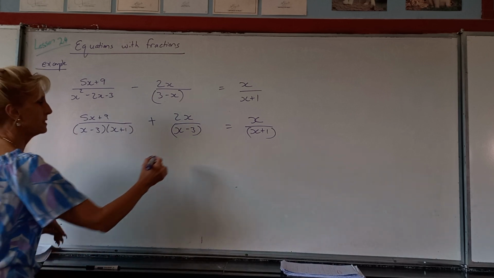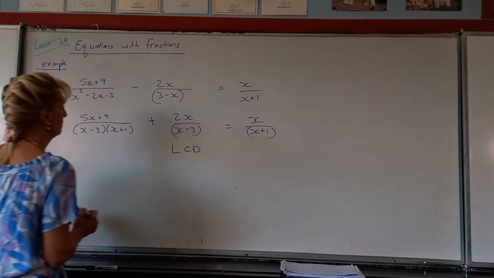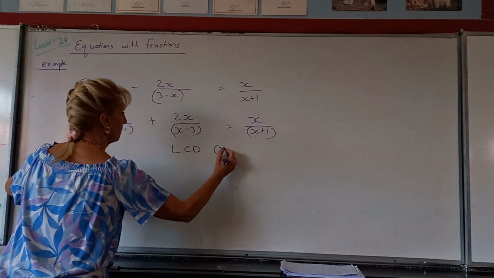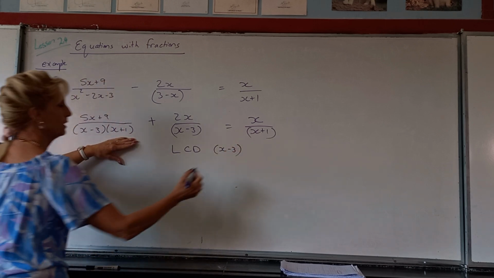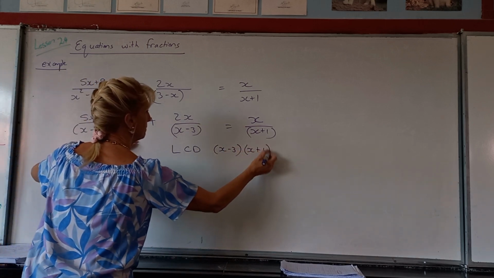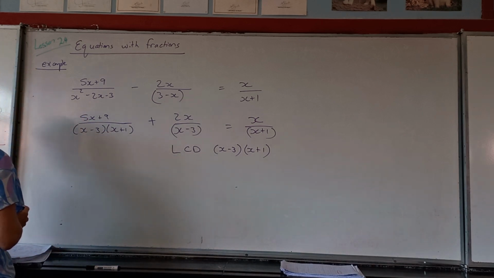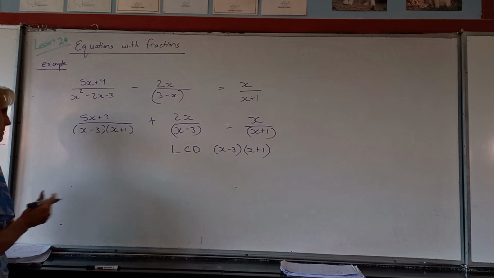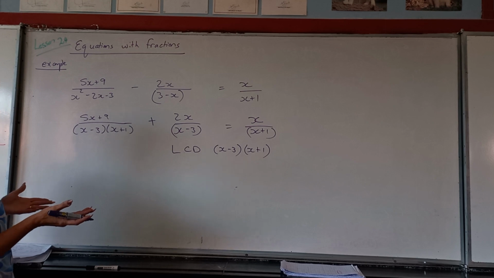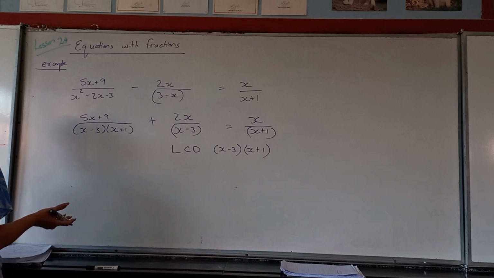Then what is the LCD? x minus 3, x plus 1, x plus 1, x minus 1. Was that one x minus 1? Yes. No, the last one, ma'am. The last term after the equal sign, it's x minus 1.